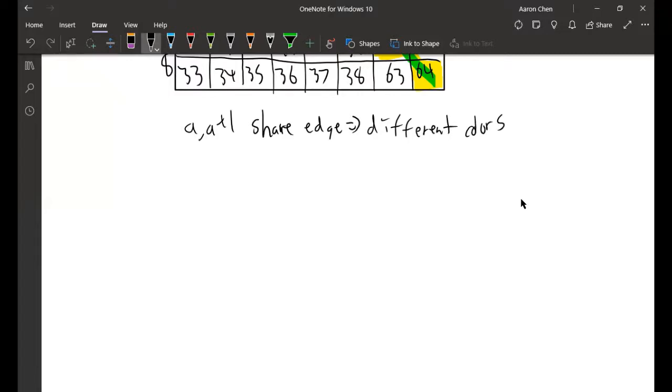And so what that also means is that all numbers on the same diagonal have the same parity.